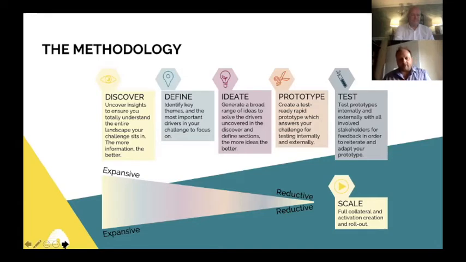The first step, discover, is all about uncovering insights. It's all about really understanding the landscape of the problem you're facing. And by understanding the landscape, you start to see the right path through. That path is define. That's where we really start to begin to draw out the key themes, the key needs of the original challenge.